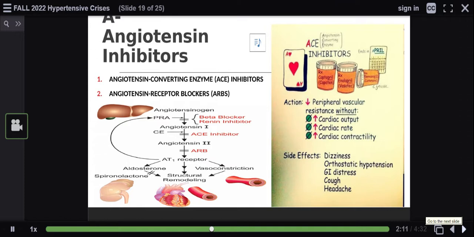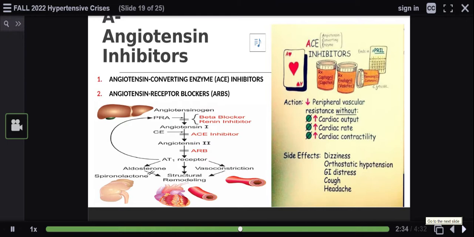Aside from dizziness, GI distress, headache, you would hear most of the patients say they will have cough. So for new patients diagnosed with hypertension, it's important to teach them to report cough, which is definitely an adverse effect of ACE.